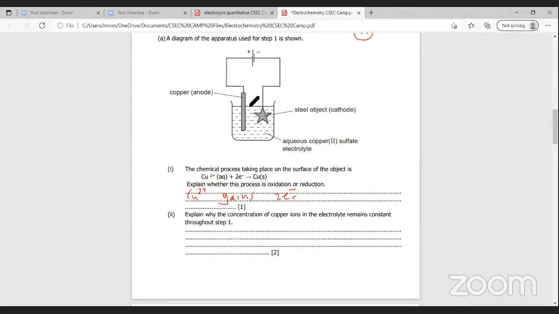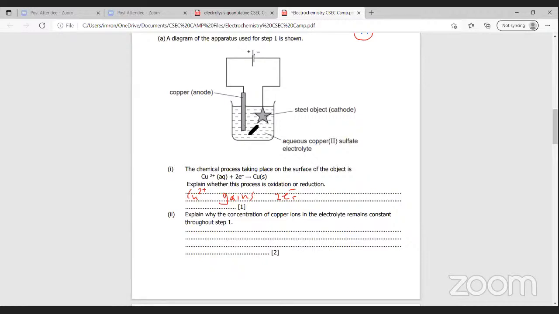So yes, the concentration of copper 2+ ions in the electrolyte remains constant, because for each copper ion that deposits on the steel object, a copper ion is placed into the solution from the anode.